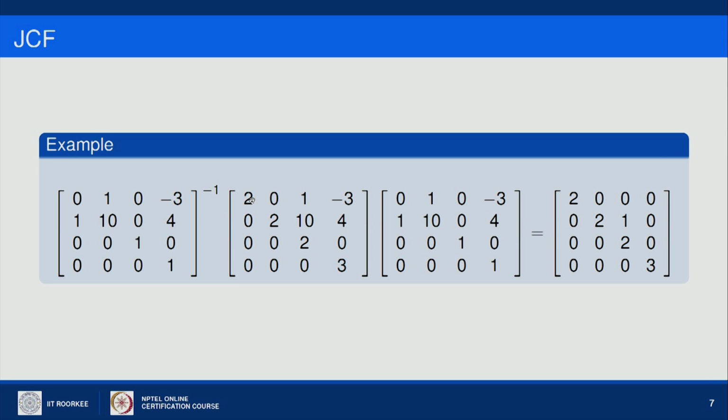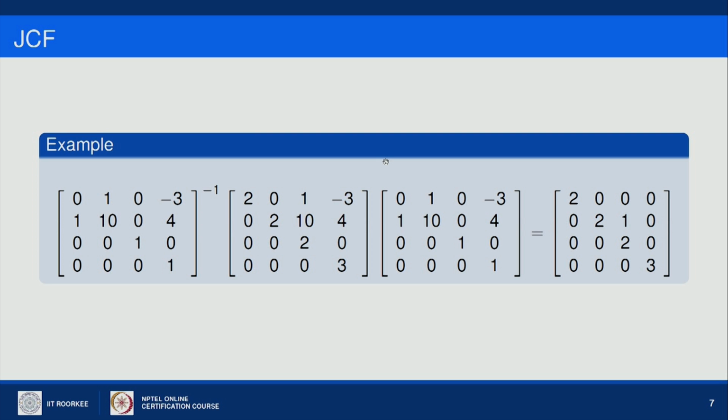So it means there will be 2 Jordan blocks, one of size 1 and another of size 2, because we have to split 3 into 2 terms as a sum of 2 numbers. Obviously it will be 1 and 2. So this is the Jordan canonical form of the matrix A, and these two matrices are similar, and this transformation is a similarity transformation.